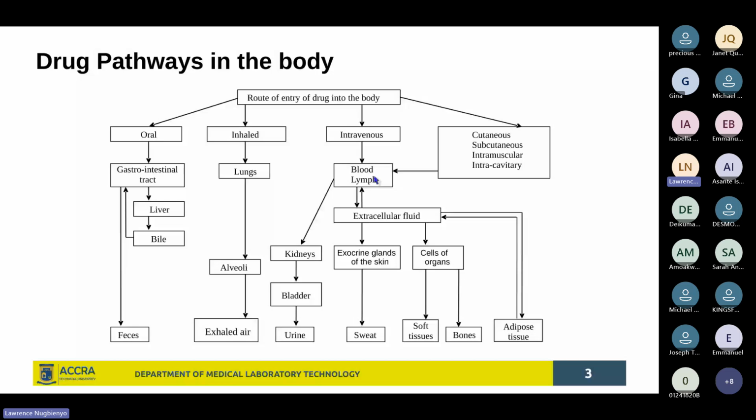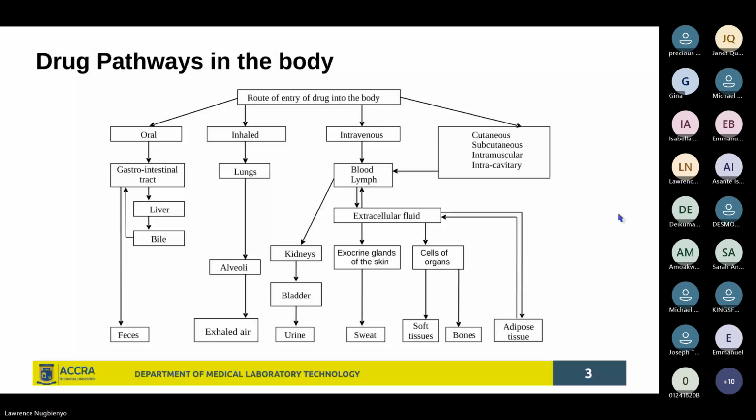So substances can pass through different routes of entry into the body, and once they get into the body, they pass different pathways to different organs and tissues, undergo different processes of transformation, and eventually the substances themselves and their metabolites can get excreted out of the body through different means, such as fecal matter, exhaled air from the nostrils, urine, sweat, or they get accumulated, deposited in soft tissues like cartilages, and also accumulated in bones or adipose tissue under the skin.